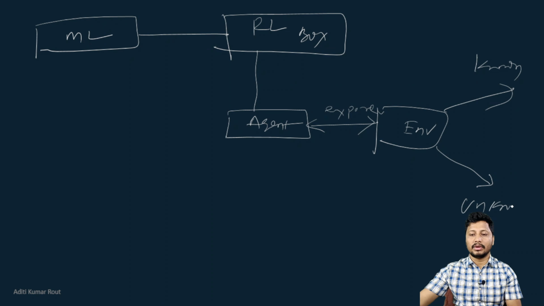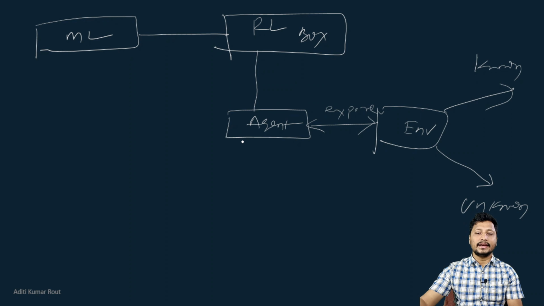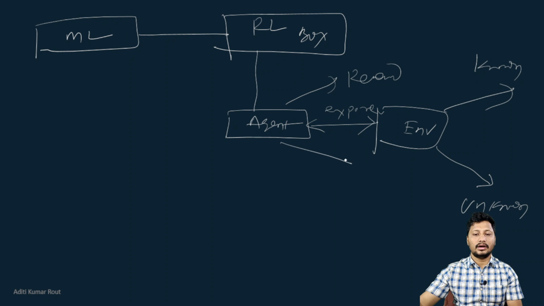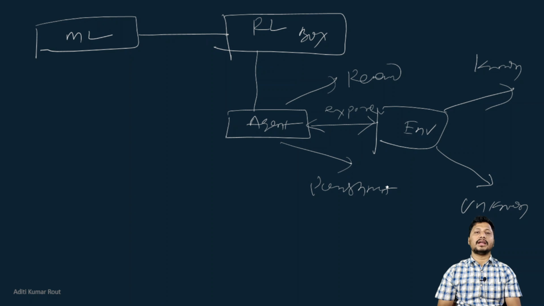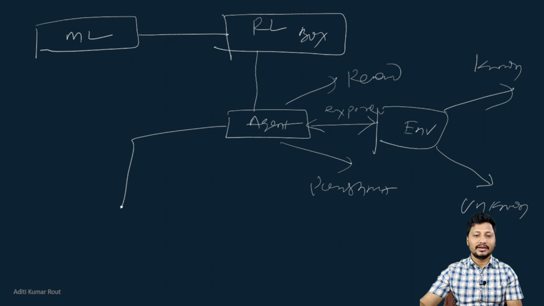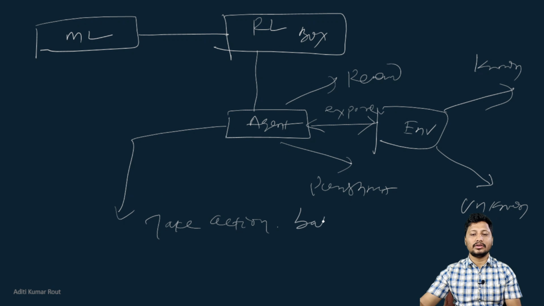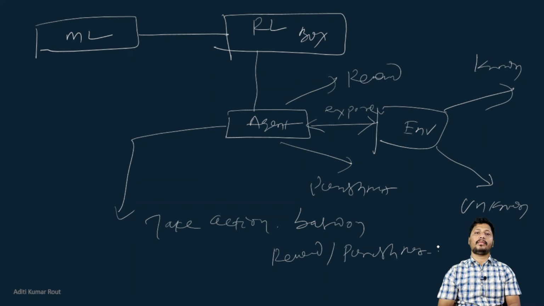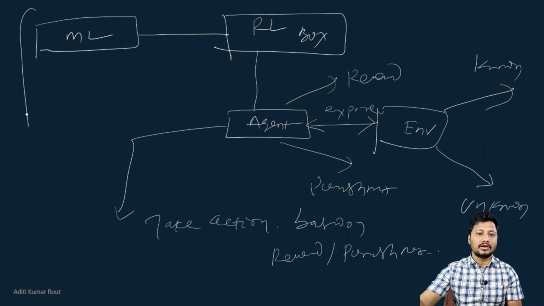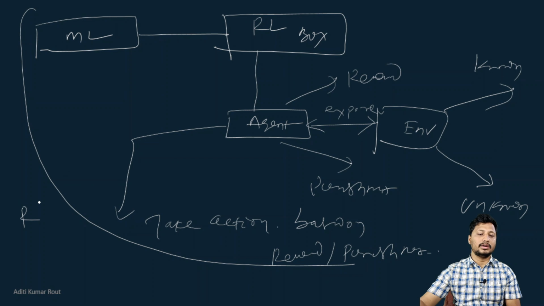This is an unknown environment. Then the agent can get a reward or maybe punishment, and based on that, the agent will take action. This is basically the complete picture of the RL flow, the reinforcement learning flow, during its working.